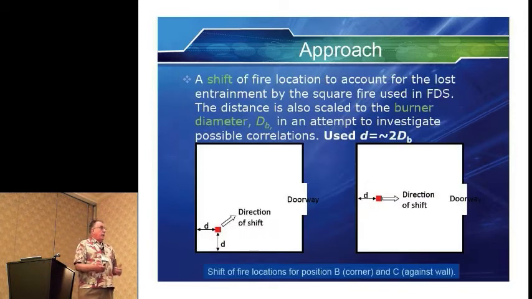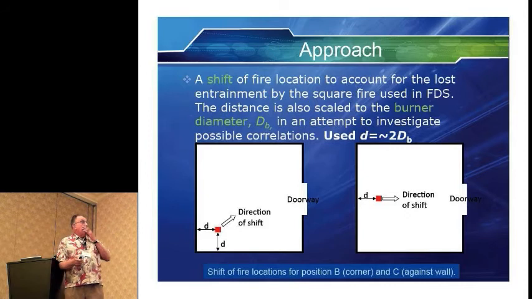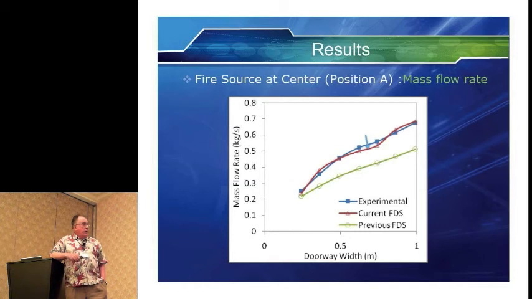All right, and this was the other approach, shifting the fire away from the wall, and they found that if you move it 2 burner diameters away, then the mass flow rate gives good results. So here are the results. Again, the black squares are the data.